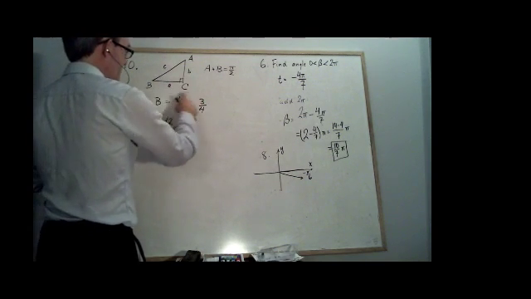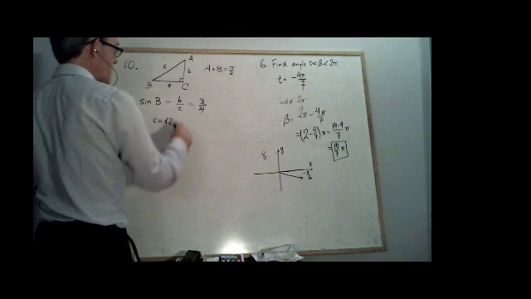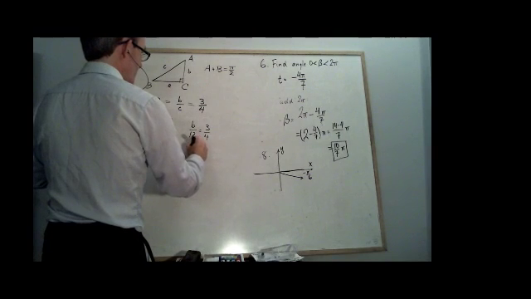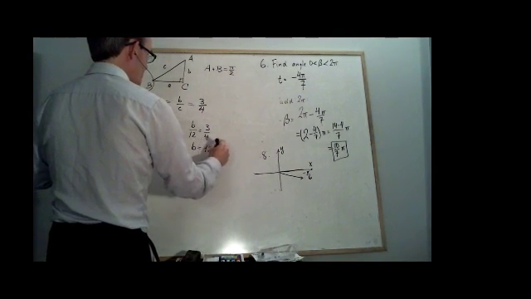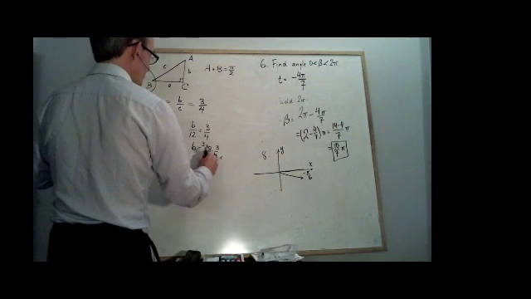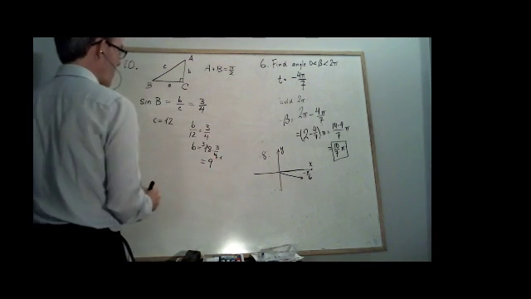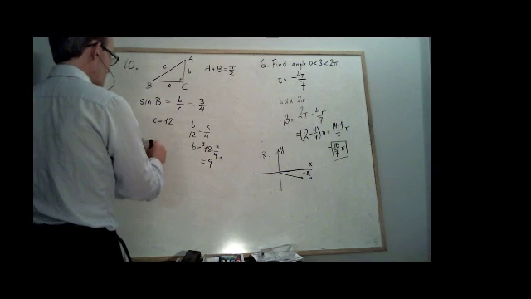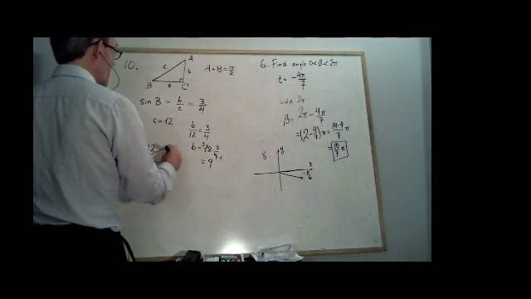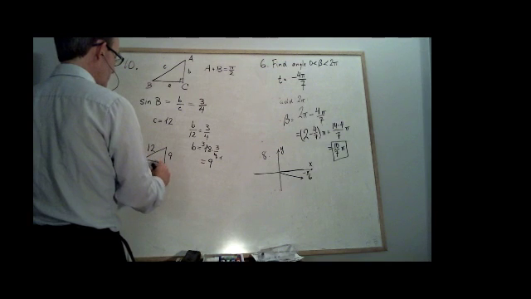Well, b is found just by solving this ratio. We know c, so b over 12 is equal to 3 over 4, or b is equal to 12 times 3 over 4. The 4 is canceling with the 12 to give 3, so b is 9. So what does it look like? It's 12 here, 9, and what is a?